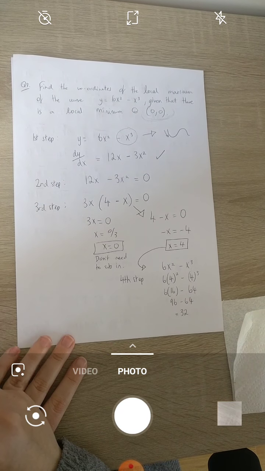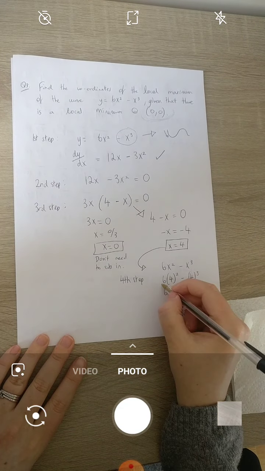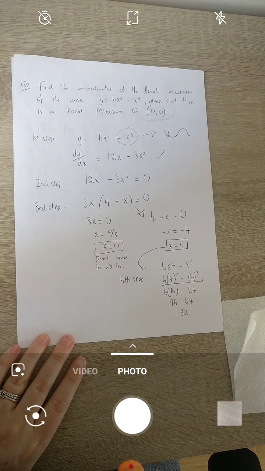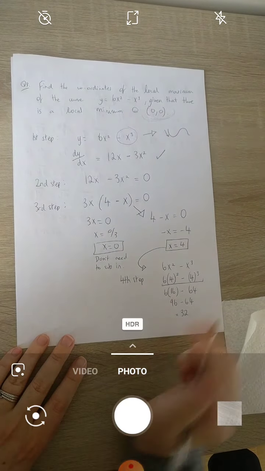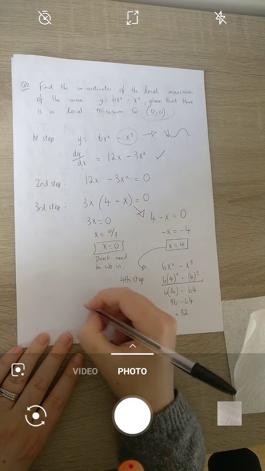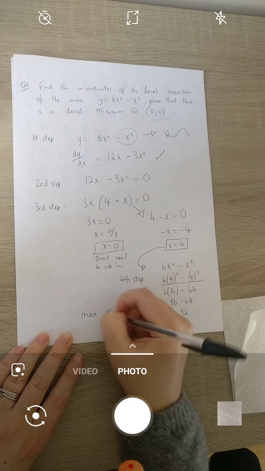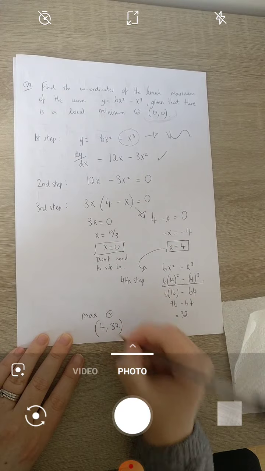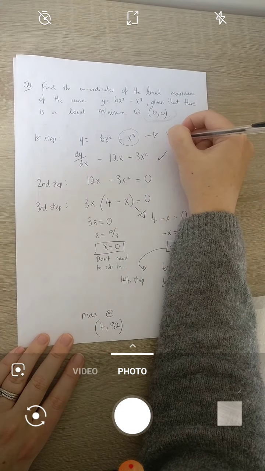Actually, I should have said, I would put all of that into the calculator just to double check. So what we're looking at there is our maximum value at (4, 32).